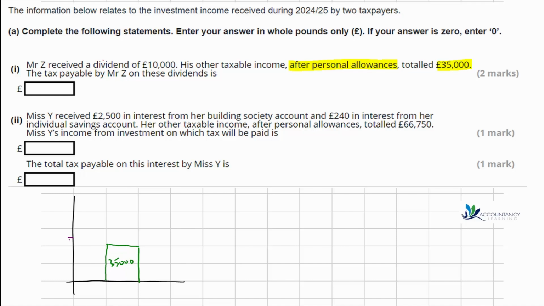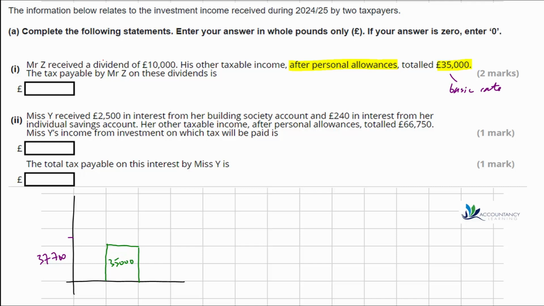The first tax band is 37,700. So all of that income is going to be in the basic rate band. Remember, we're only focusing on the tax on the dividend, so we're not really interested in that. But we can see that there's still some of the basic rate band available.